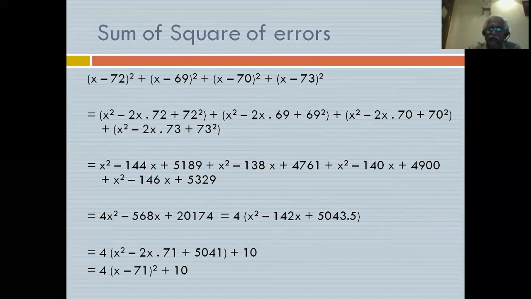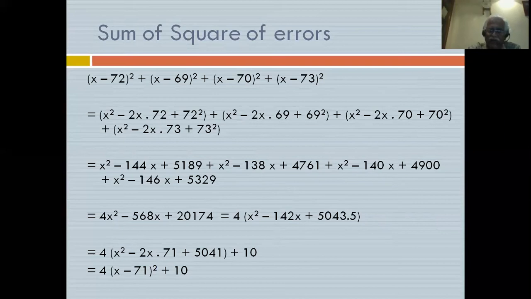Now 2.5 is extra. 4 into 2.5 is equal to plus 10. And that is why the equation. I hope you understand. You do the arithmetic calculations with the algebraic equation (a minus b) whole square and addition and subtraction. You get the equation 4 into within brackets (x square minus 142x plus 5043.5).